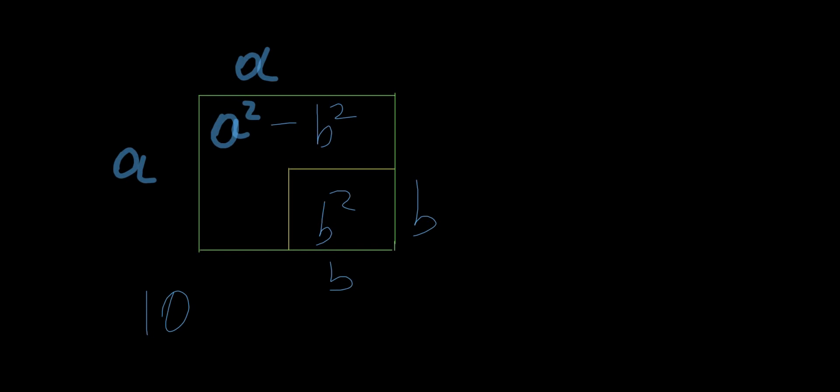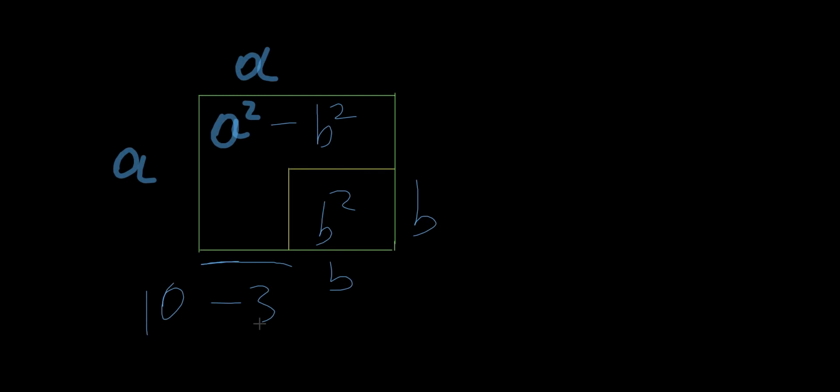If this entire dimension were 10, and I want to find just this part only, I would have to subtract. Let's say b is actually 3.